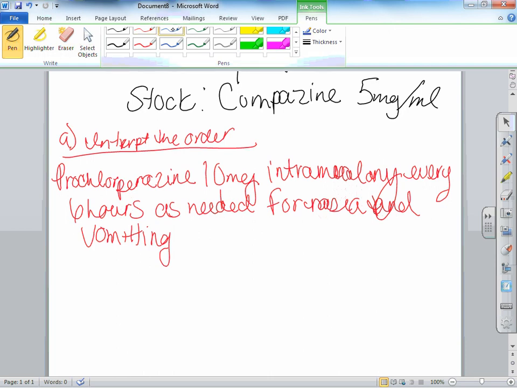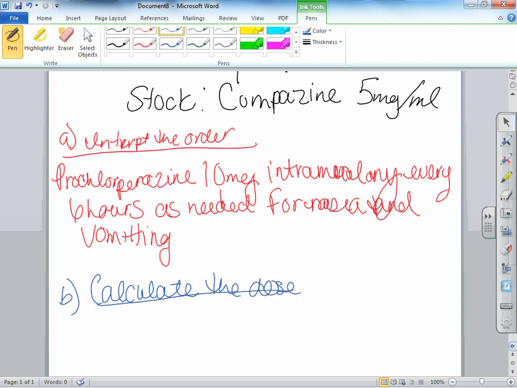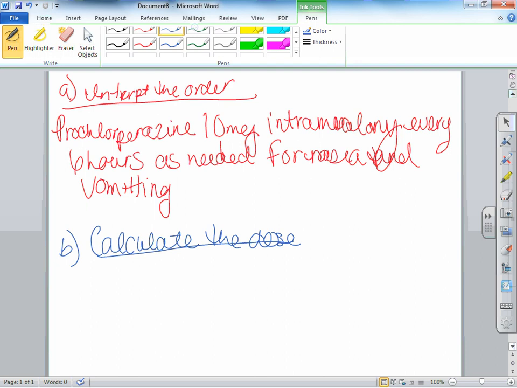So B, they want you to do what? It says volume of medication to be given in a dose. So they want you to calculate the dose. You can do that either using the ratio proportion or the formula method. I'm going to use the ratio proportion method for those that actually really like that.